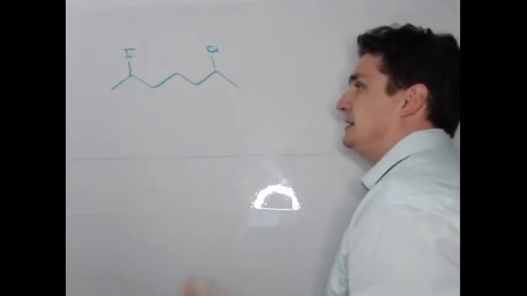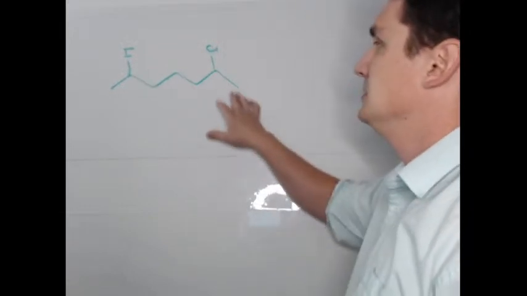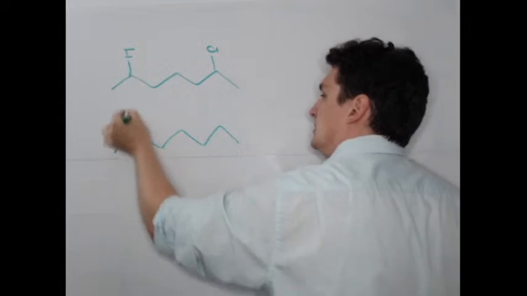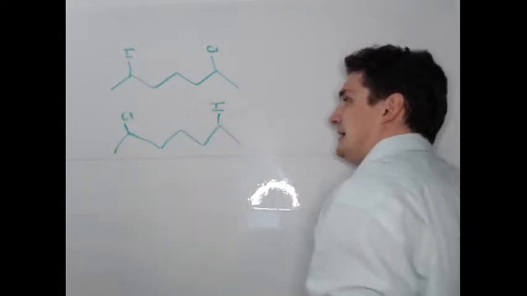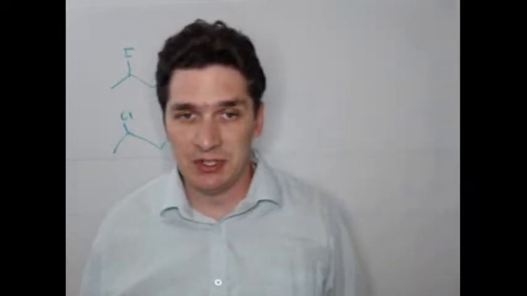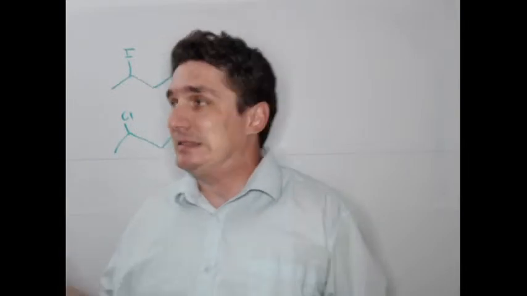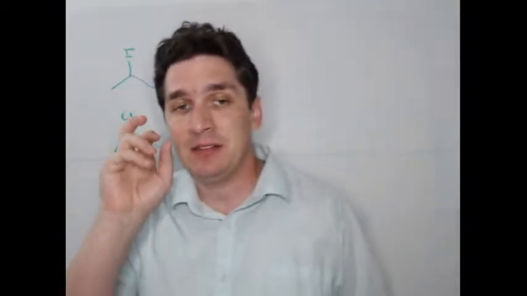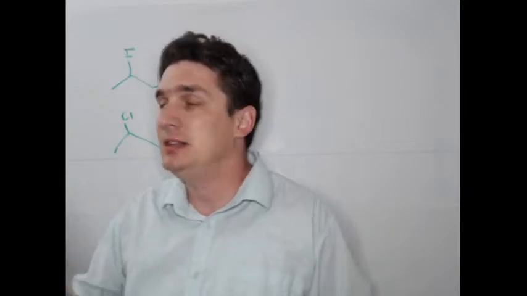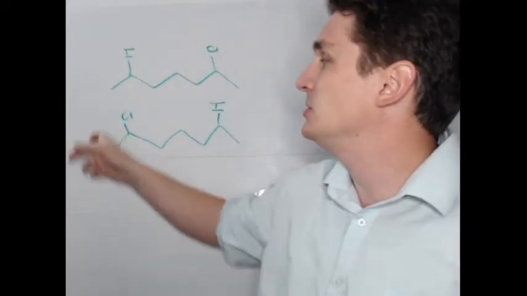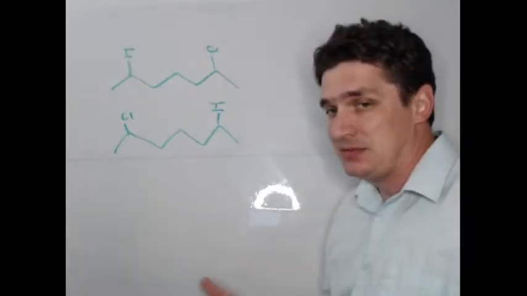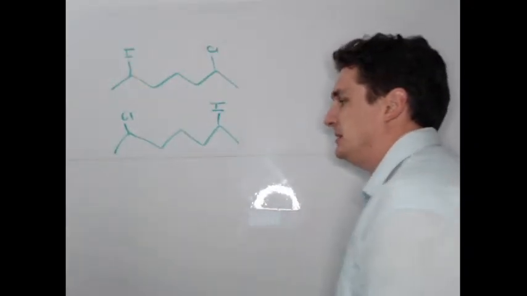So let's say you had this structure, and I can draw this structure like this. These are the same structure, but you can see that if I minimize the naming by the first unit, then if I went by this structure, I put iodine first. If I went by this structure, I put chlorine first. I think it's the name based off of everything I've read, but again, you'll see some debate on this.